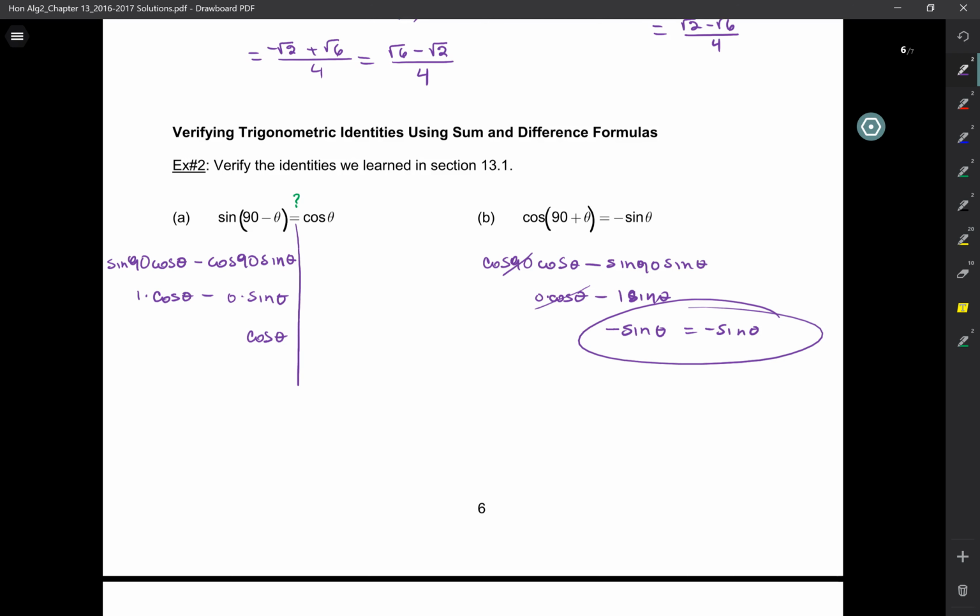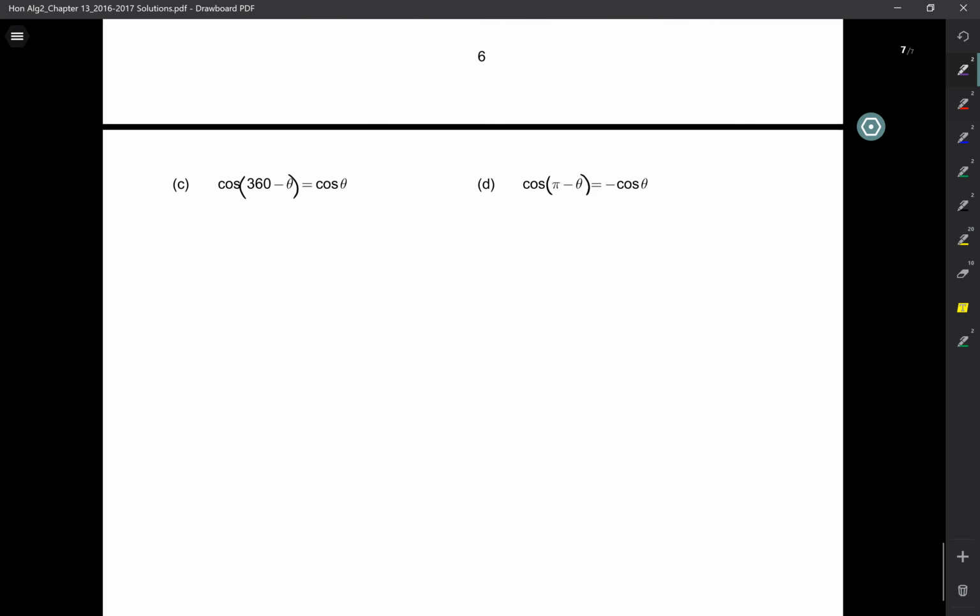I won't give you this. I'll just say find that. Negative sine theta equals negative sine theta. Like from here, because remember I was working on one side. I'm just verifying that yes, I did get what I was supposed to get.